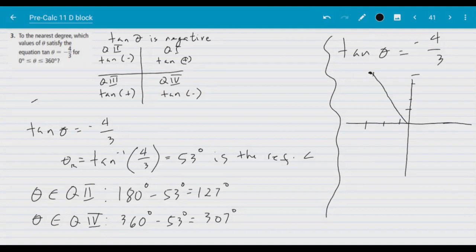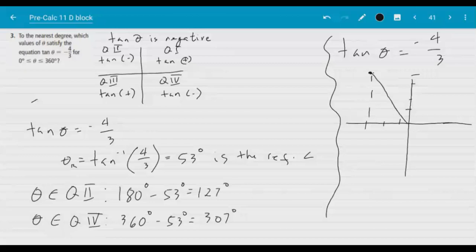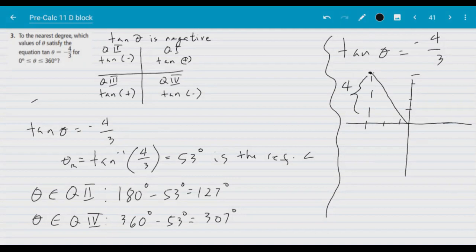And suppose that this is a right angle right here. So there is your 4, there is your 3. I know it's negative 3, but in terms of distance it's 3, right?